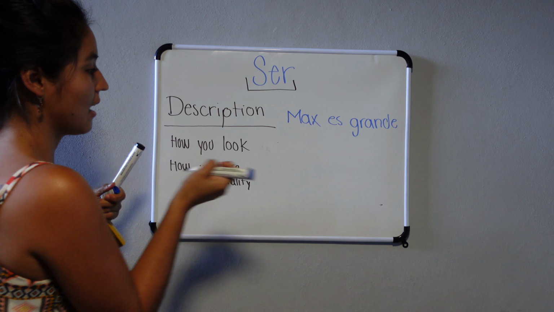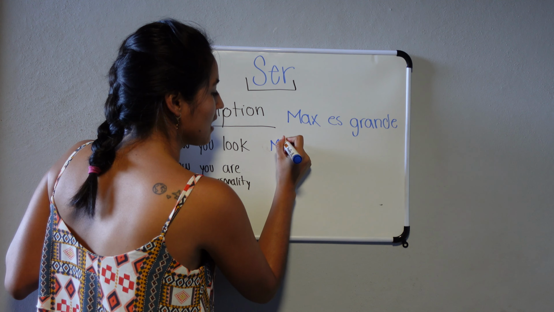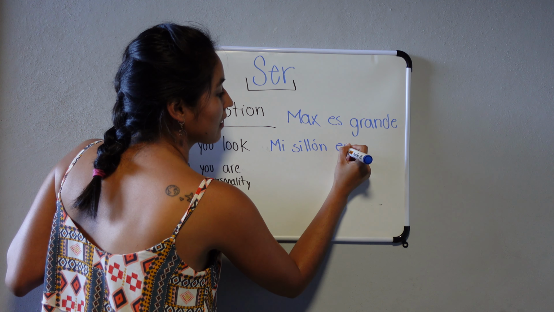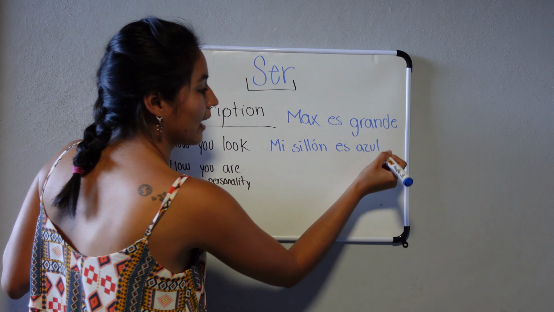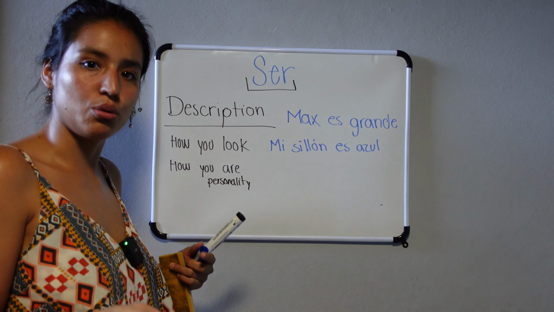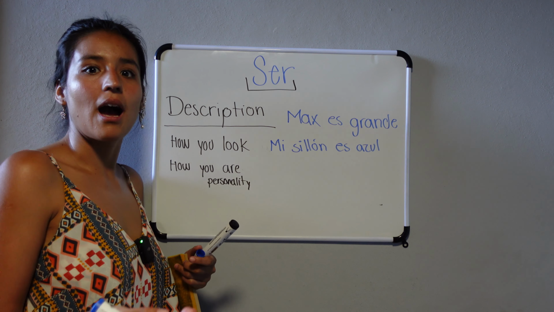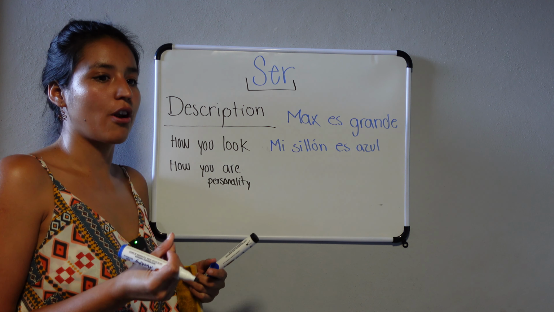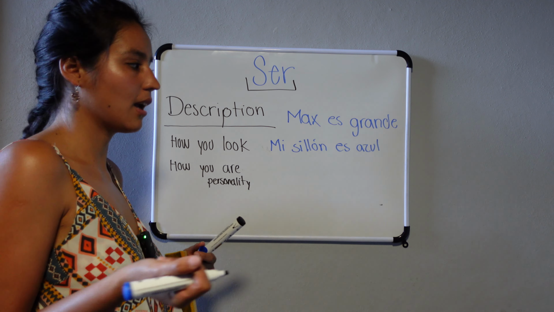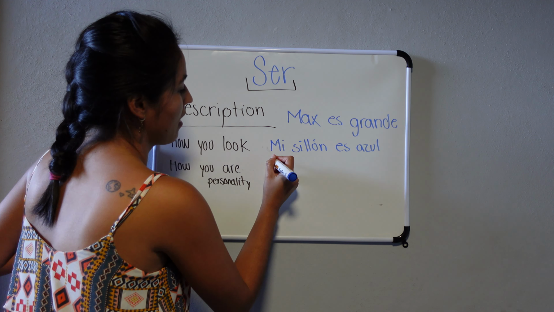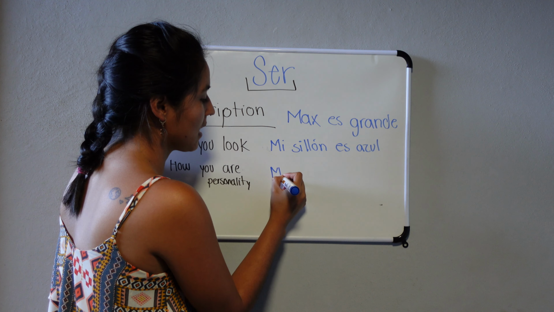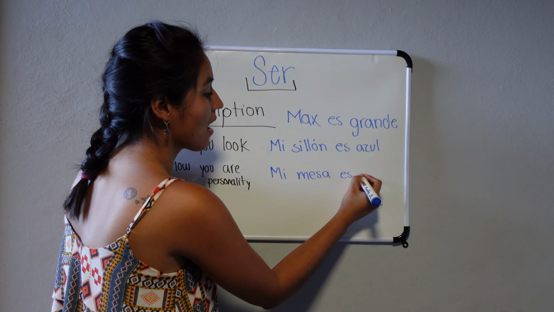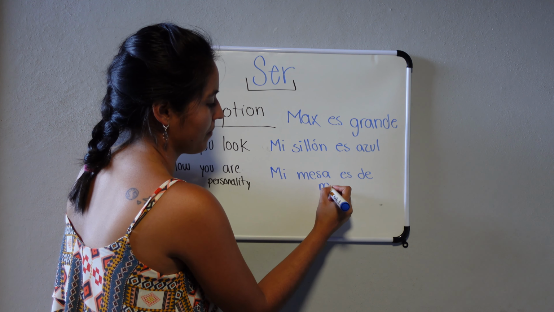With blue is better. My couch, mi sillón es azul. Okay, my couch is blue. I'm also describing how the couch is. Same if you want to describe, for example, the material. Okay, now I'm gonna say my table. It's gonna be mi mesa es de madera.